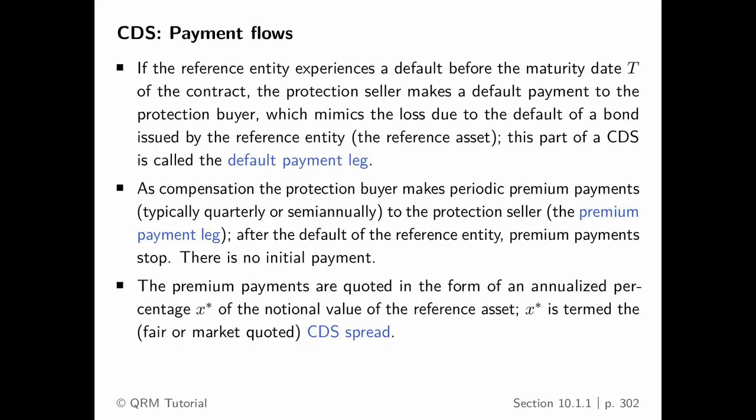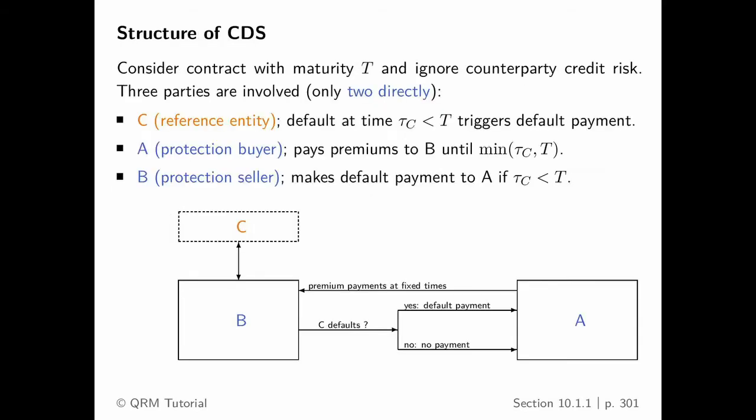Something like a partial default does not exist? There may be a recovery. Default will be legally regulated by the contract. It will either happen or not. But in the event of default, it certainly may not be a total loss.